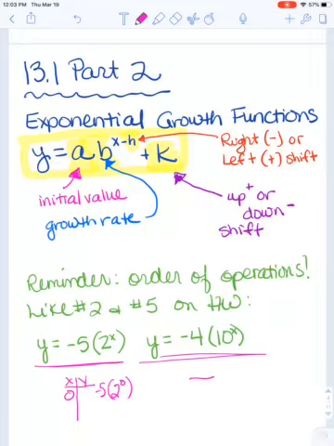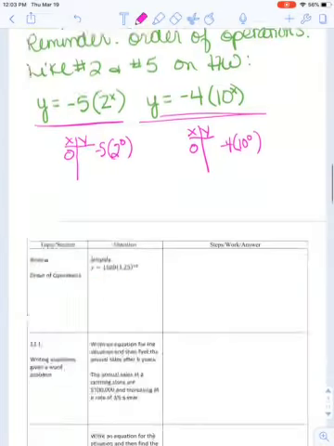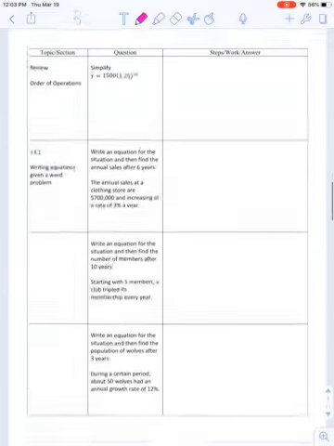And same kind of thing over on this one. If I were plugging in a 0 or whatever number, I would want to do 10 to the 0 first, and then multiply that answer by -4. If you plug it in your graphing calculator, you can put the entire equation in all at once.